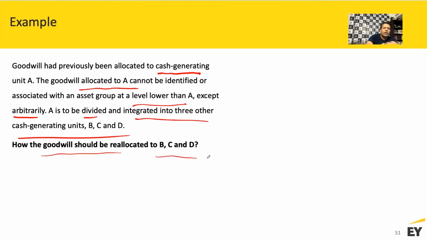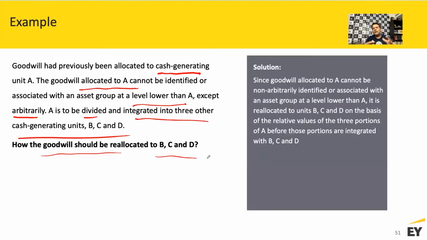The answer is that the goodwill needs to be allocated to B, C and D on an appropriate basis, and that can be done based on relative carrying value of B, C and D. Goodwill allocated to A cannot be arbitrarily identified or associated.